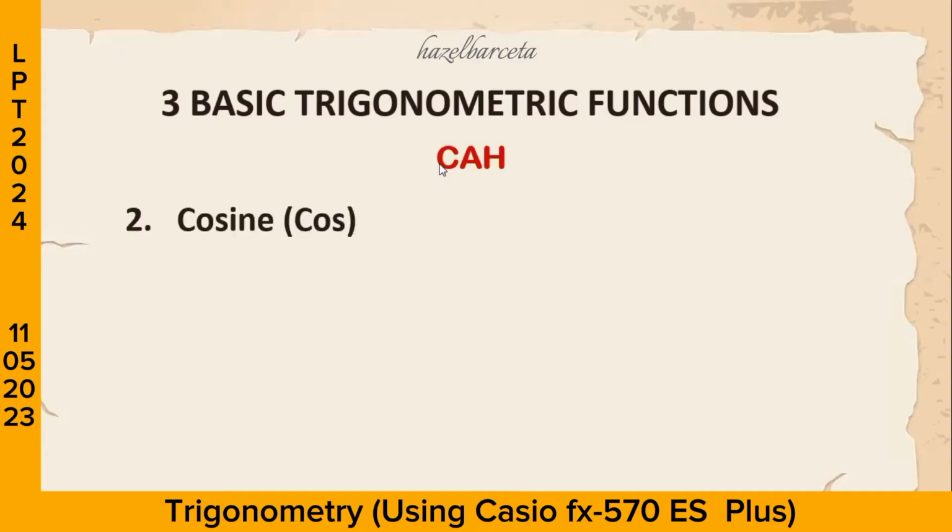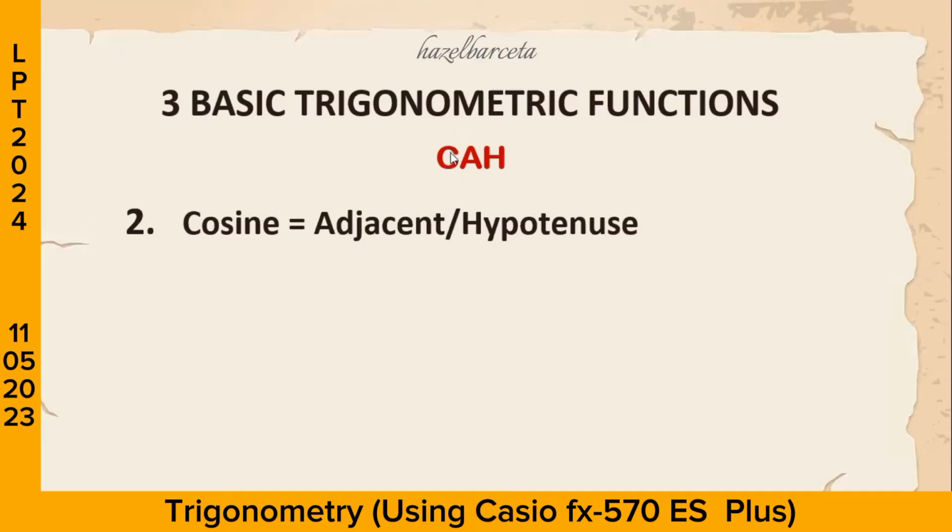Number 2. C stands for cosine theta or cosine function. A is for adjacent, where H is for hypotenuse. So the first letter stands for trigonometric function, second is for the numerator and the third letter is for the denominator.